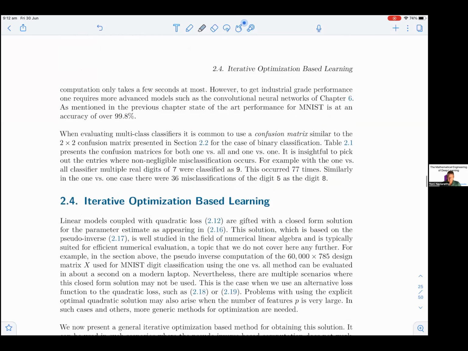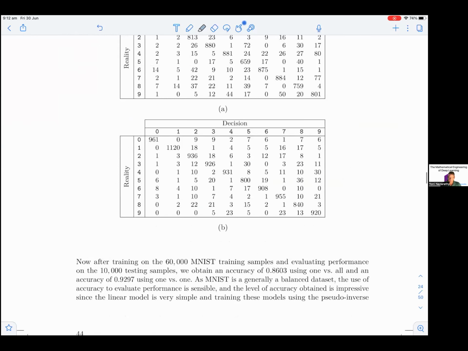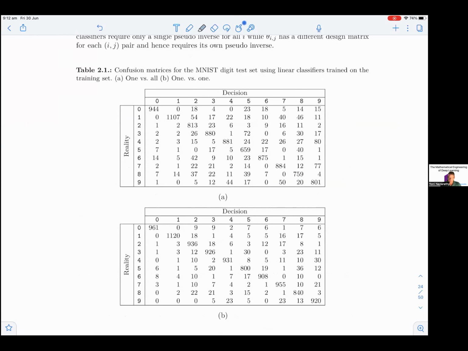So here in table 2.1, you have in A the 1 versus all, and in B the 1 versus 1. First of all, note that your accuracy is going to be the sum of the elements of the diagonal divided by the total number of observations, which in this case is 10,000 in the test sample.